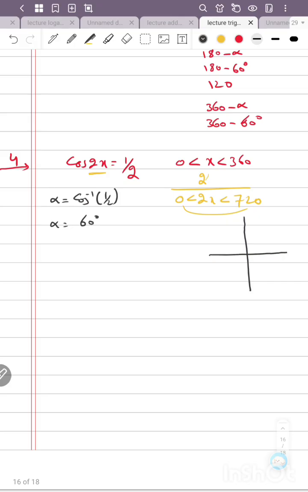Okay dear friends, cos is positive in the first quadrant, and cos is positive in the fourth quadrant.